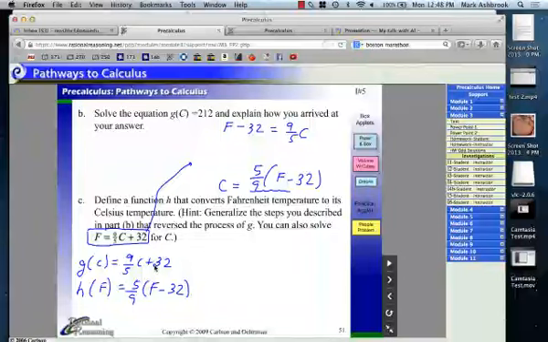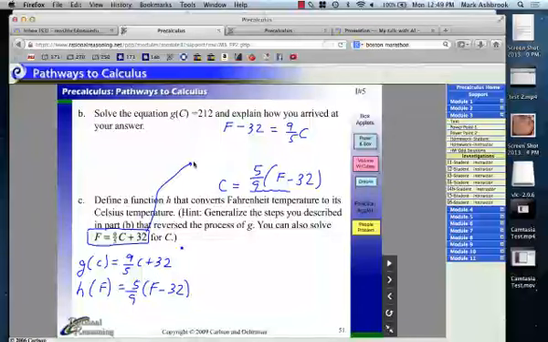Their inputs and outputs are switched. But how do they compare as processes? They're inverses of each other. Opposite, kind of like multiply by -1. Yeah, so the one undoes the other.